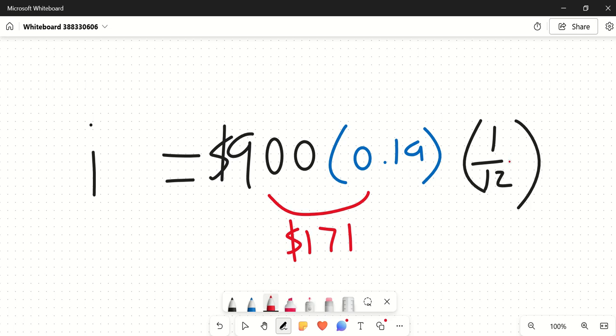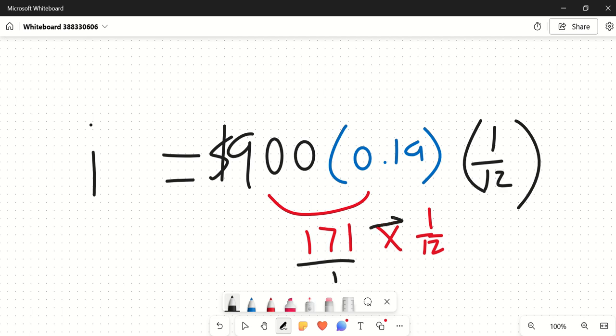Now, last time we ran into this issue, I couldn't make them both fractions, right? Because one was a decimal. This time, I can totally do this, but watch what happens when I do this. That 171 needs to be a what, ladies and gentlemen? Not a decimal, huh? So I make it a fraction by putting it over 1.